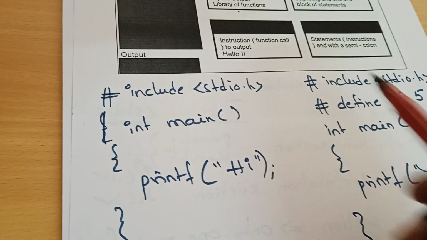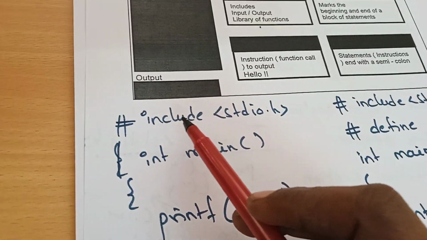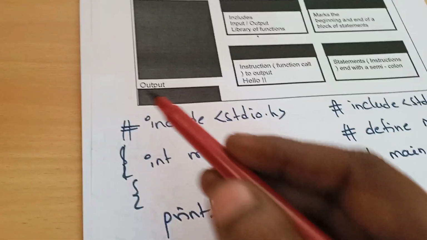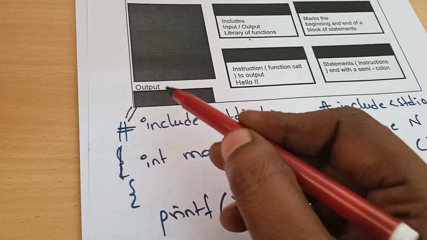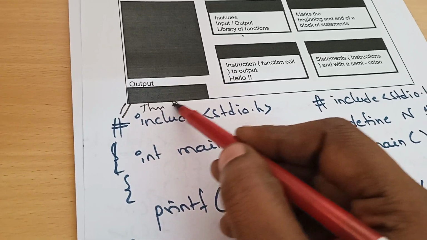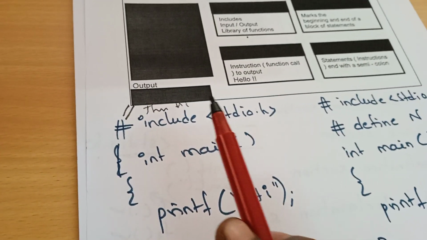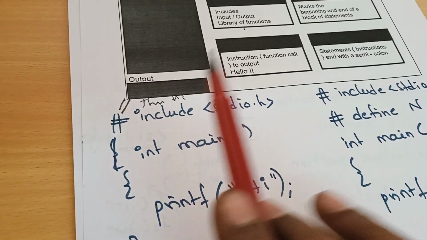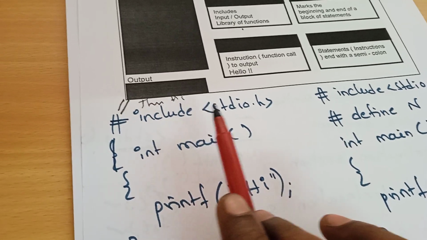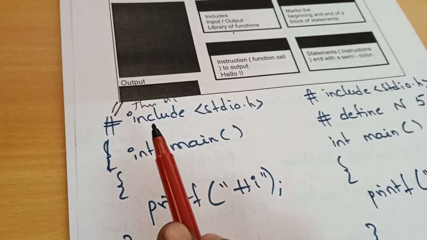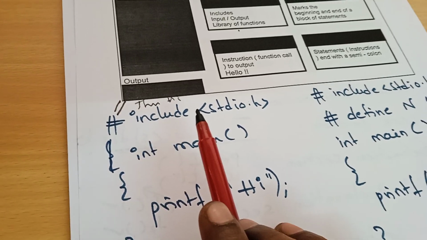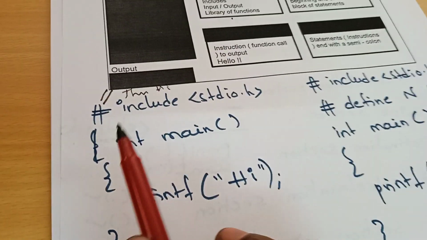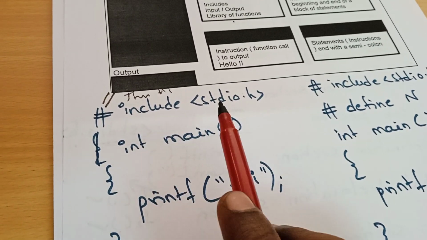I started from the link section; before this, I told you to write the documentation section. In the documentation section I'll write: this program is printing a hi message. Next is the link section, hash include stdio.h. As I don't have any definition section or global declarations, I'm not mentioning them.